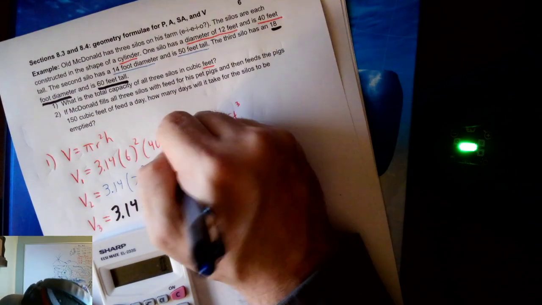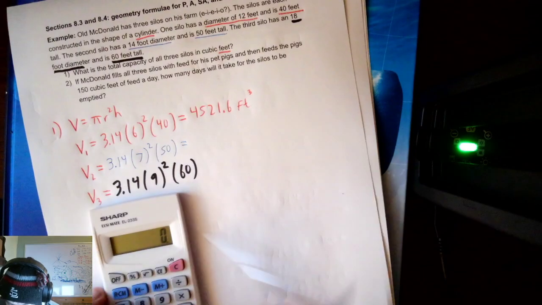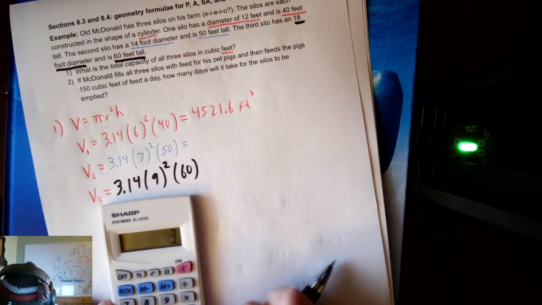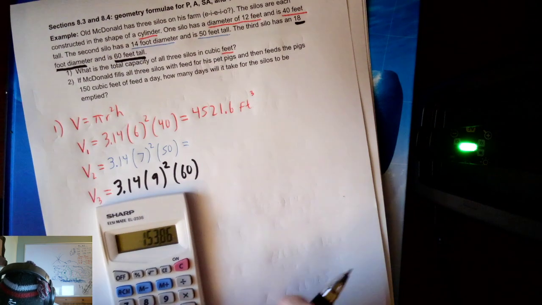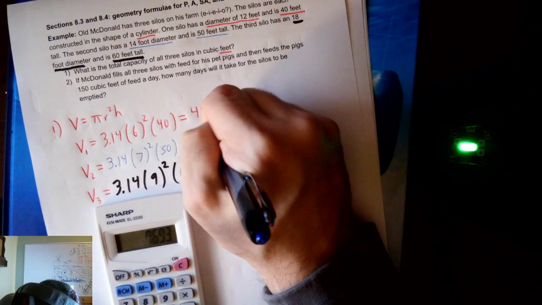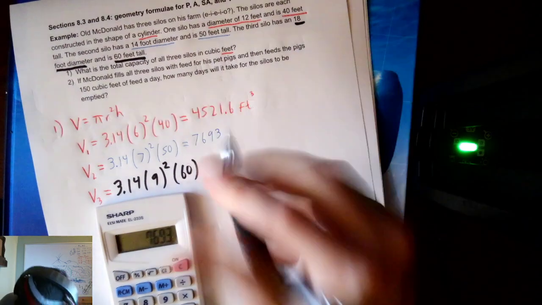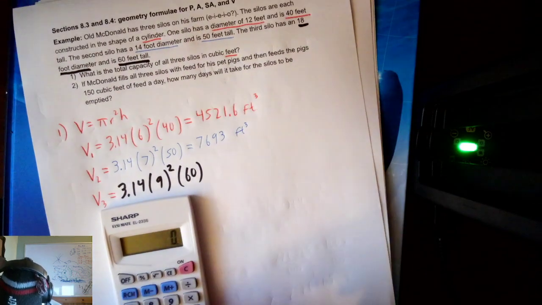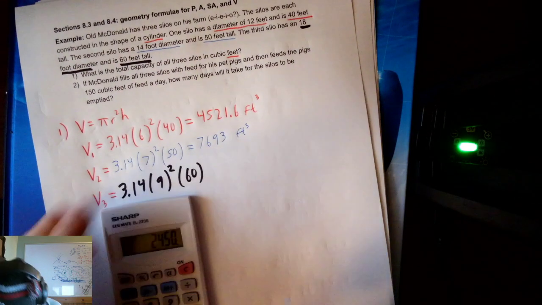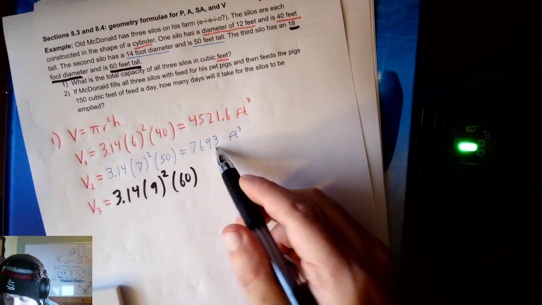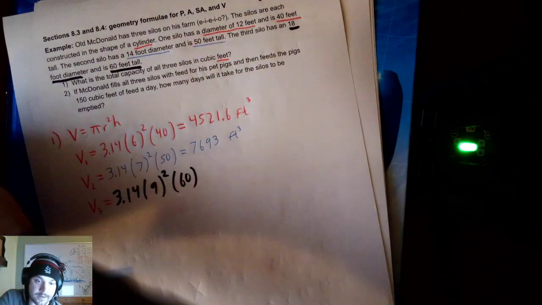Let's see. For the next one, we'll do the same thing. We'll do 7 squared first. 7 times 7 is 49 times pi and times 50. It gives me 7693 feet cubed.